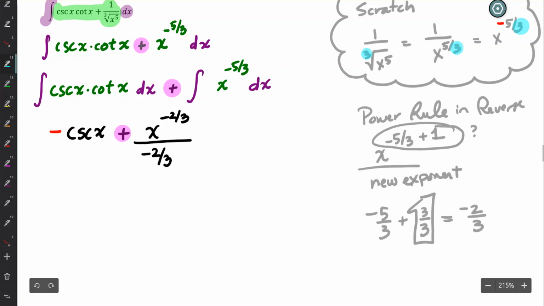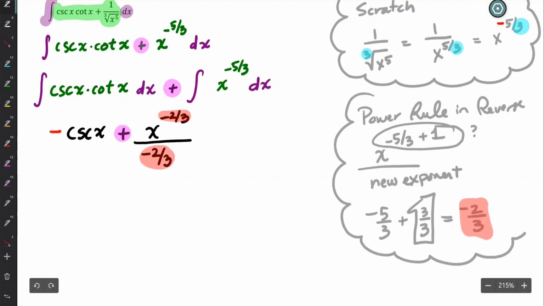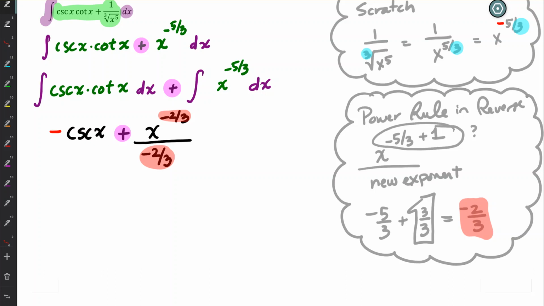I'm running out of color. How about red? That's where that exponent came from. I promise, I'm trying to go nice and slow, which is tripping me up a little bit, but I promise with a lot of practice, this starts feeling comfortable.